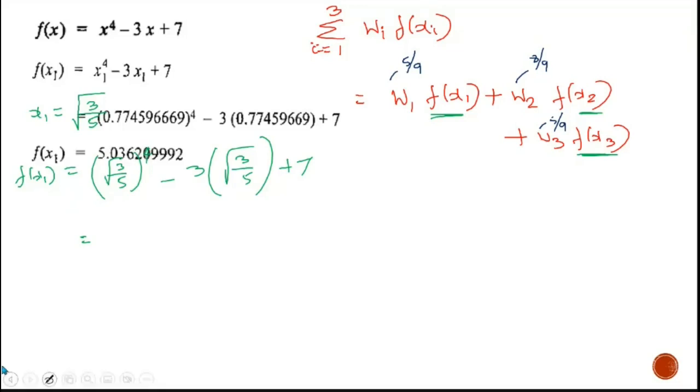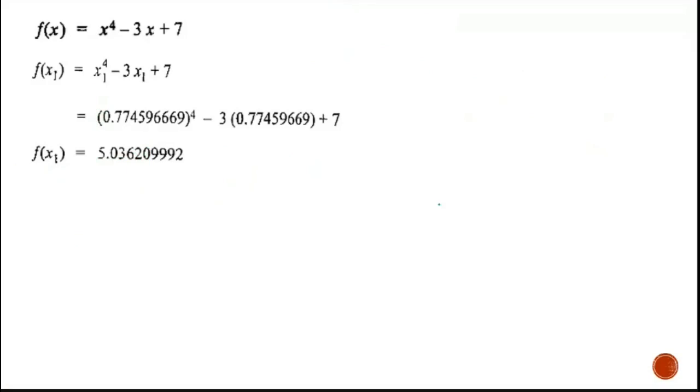When you do that, I will erase all these things. When you do that, you get 5.0 something. You can go for at least 4 decimal places so that you get a more accurate answer. Okay, so it is 5.0362. Okay, this is f(x1).